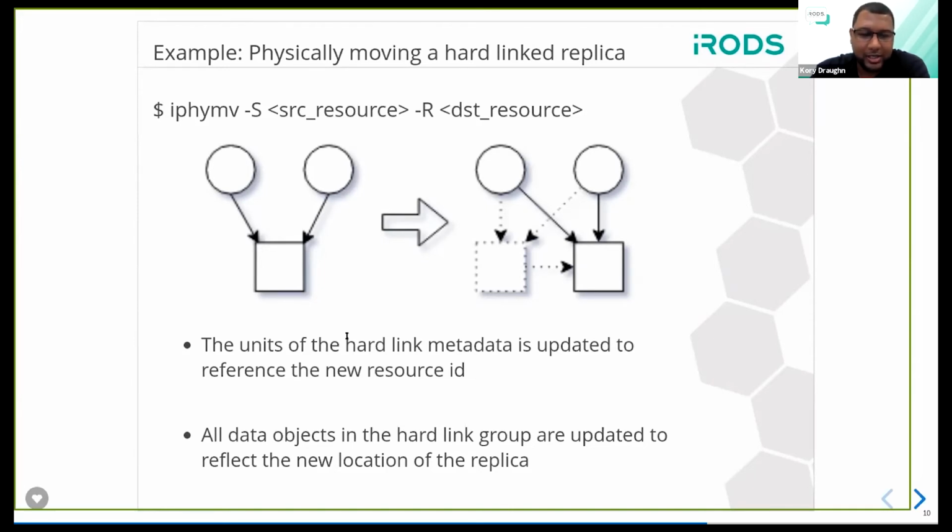Remember, the resource ID is stored in the units field of the hard links metadata AVU. So it is a very simple case where we just have to figure out the resource ID of the destination resource and update all of that metadata to reference that new resource ID.